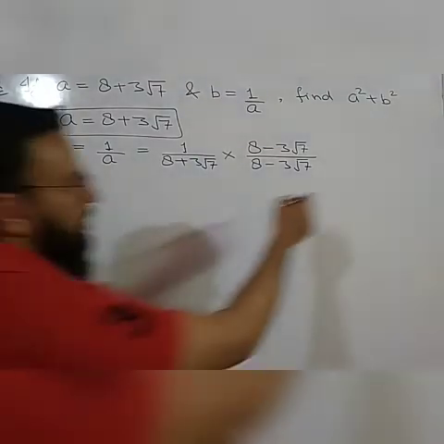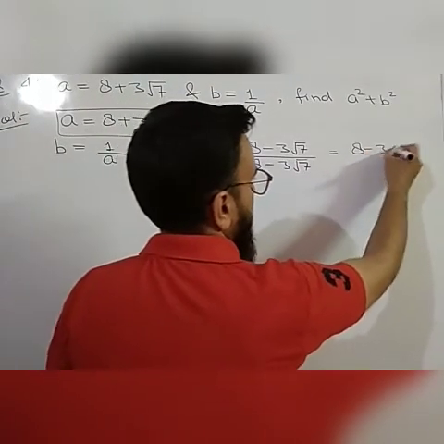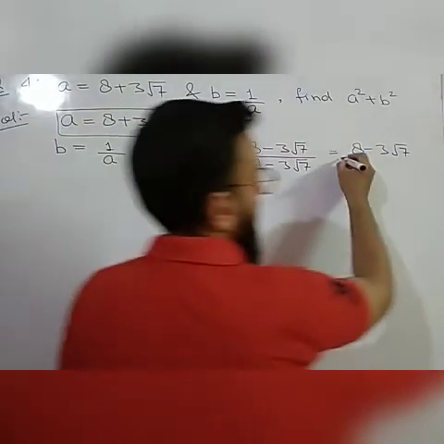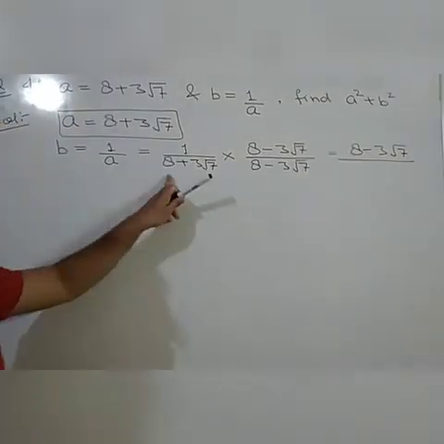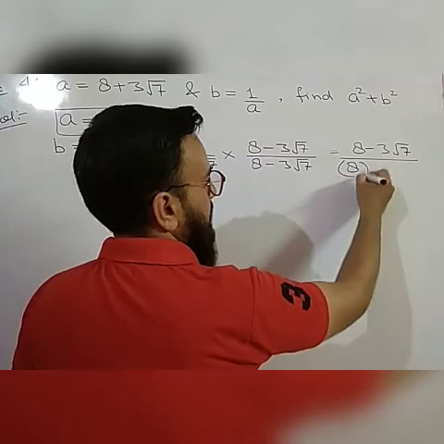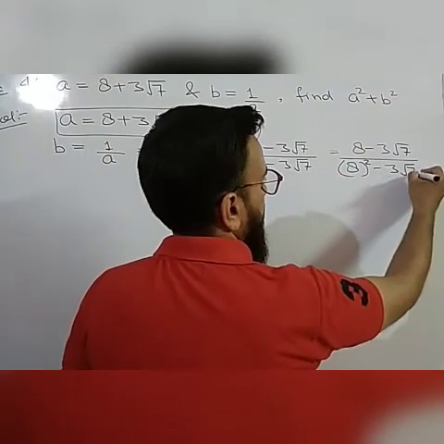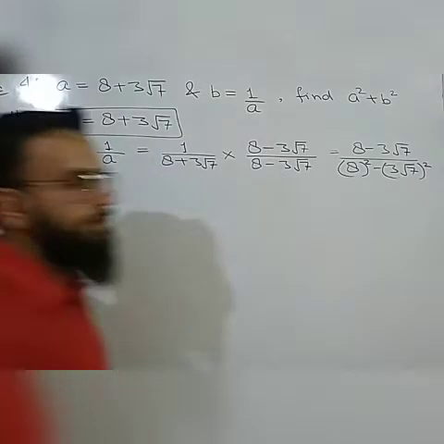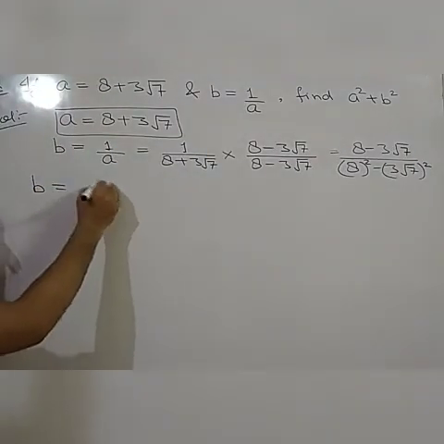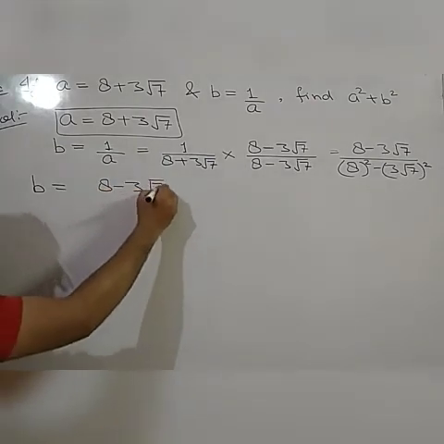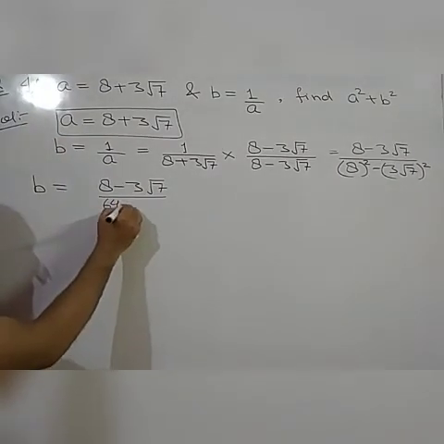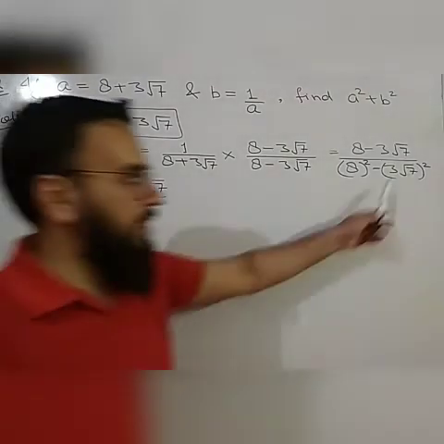Now solving it further, we will get 8 minus 3 root 7 in the numerator because it is multiplied by 1. And what will be in the denominator? In the denominator it is a plus b and a minus b, that will be a square minus b square. It means 8 square minus 3 root 7 whole square. So the value of b is equal to 8 minus 3 root 7 upon 8 square, which is 64, minus 3 root 7 square.